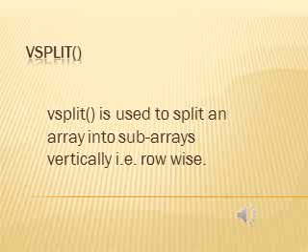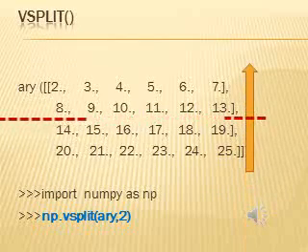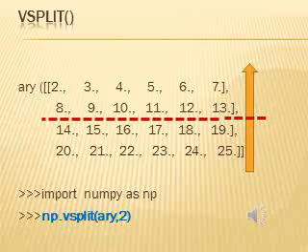Now a similar thing we are going to do for the vsplit function. Actually the vsplit function is used to split an array into sub-arrays vertically, that is row-wise. Again we will follow the same rule. As soon as you encounter a question which tells you to vsplit an array, first of all you will draw a vertical line.